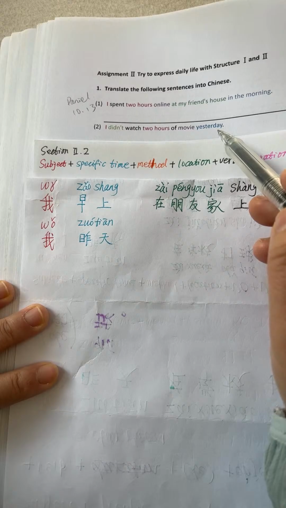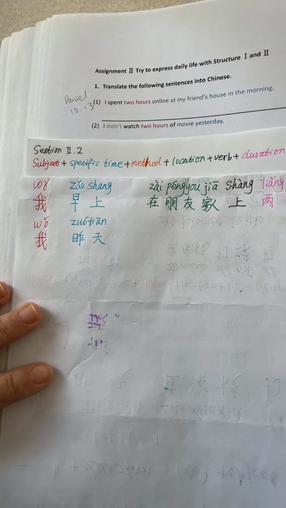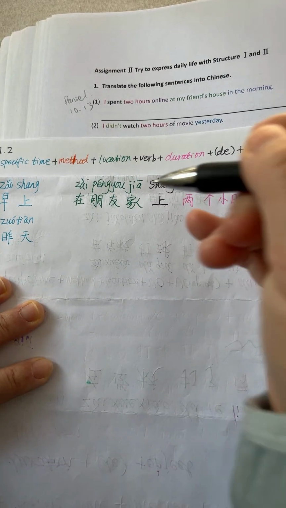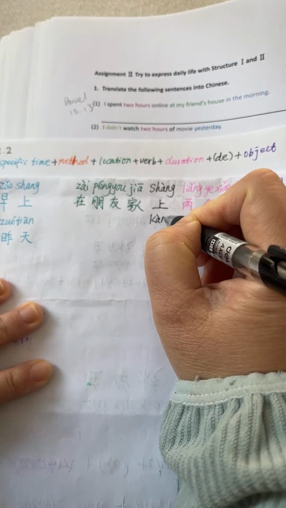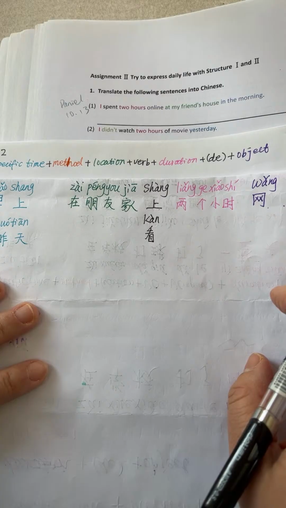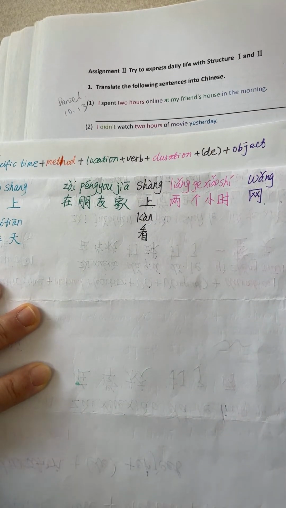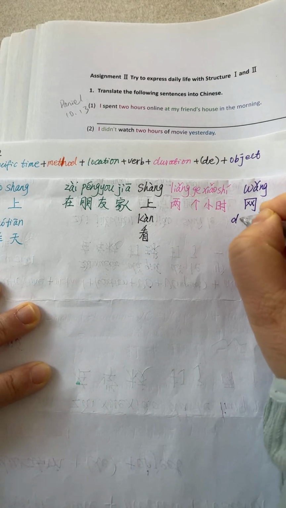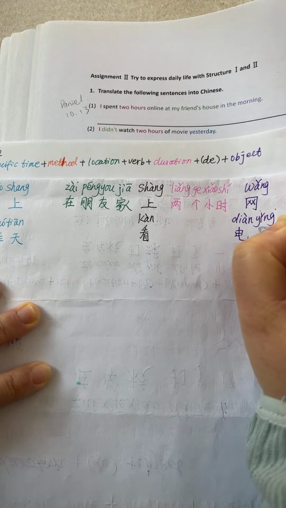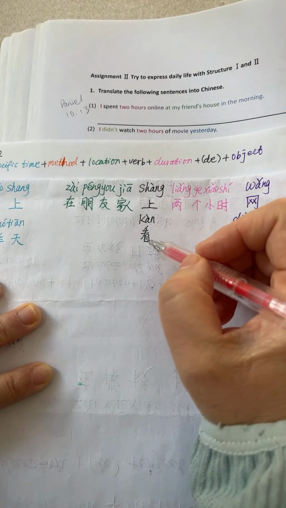No. Watch movie: watch is 看, and movie should be here. Movie is the object. 电影不是戏，戏是 drama or opera.